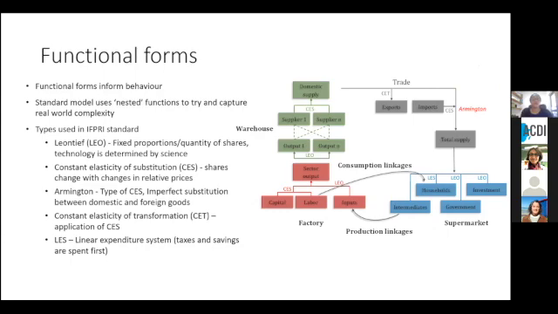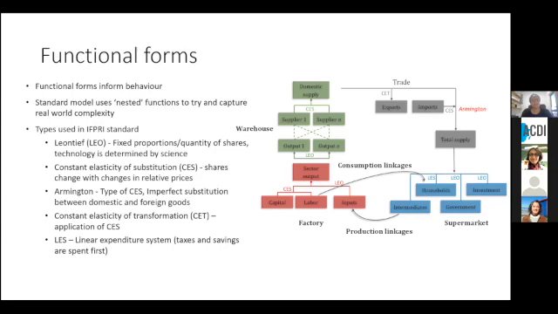So the way in which the various parts of the model are combined determines the behavior of the economic agents. So like I said, the model includes the production function as well as the household consumption function. But within that, the standard model also uses nested functions to try and better capture some real world complexity.